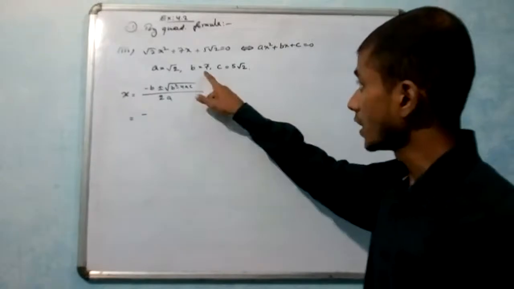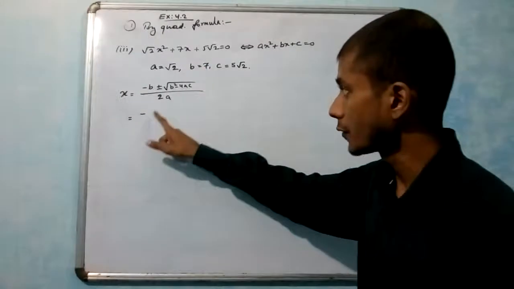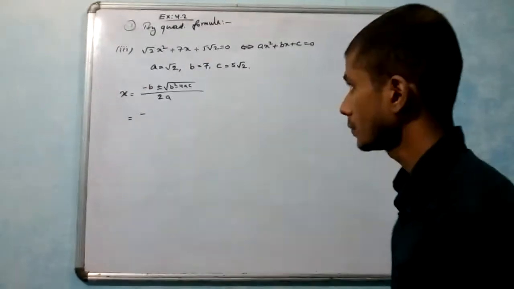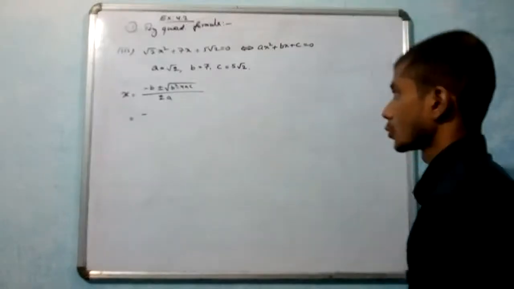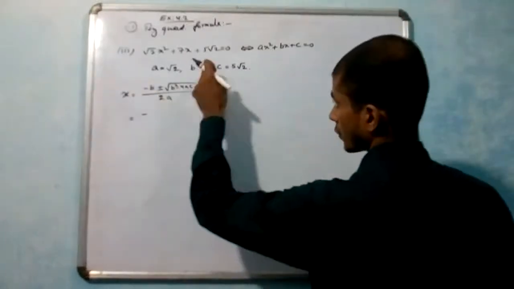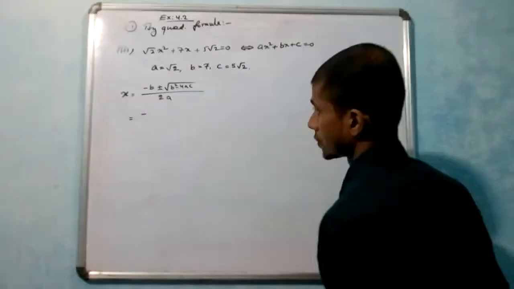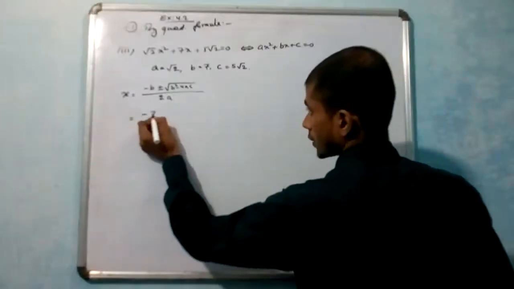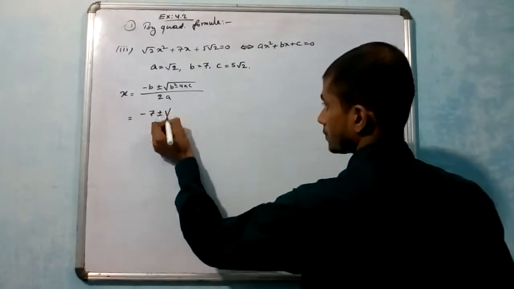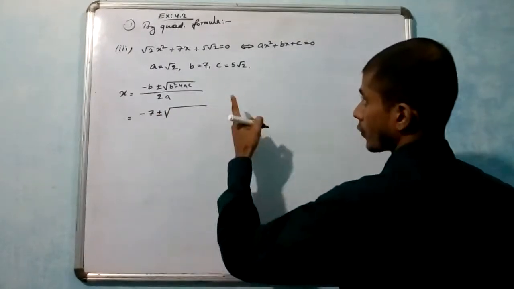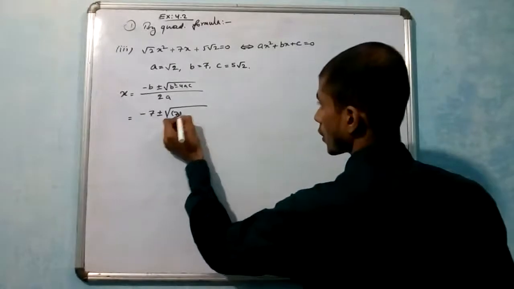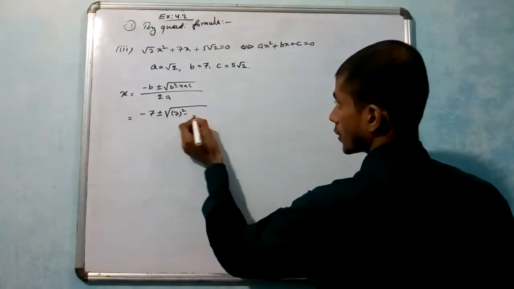If b here is minus 7, then we have to put a bracket and keep minus 7 there. So don't get confused between the signs in the formula and the signs of the coefficients. So minus and 7. Then plus minus. Then b square. What is b? 7. So 7 square. Minus in the formula again.